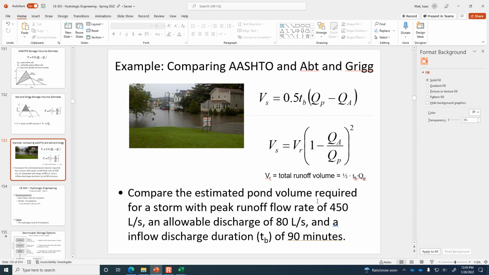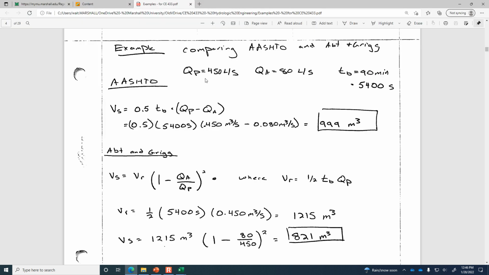Okay, we need to convert the given liters per second into cubic meters per second in order to substitute them into this formula. And of course, there's 1,000 liters in a cubic meter. So here you can see that for the AASHTO approach, we're having 1/2 times the base time.